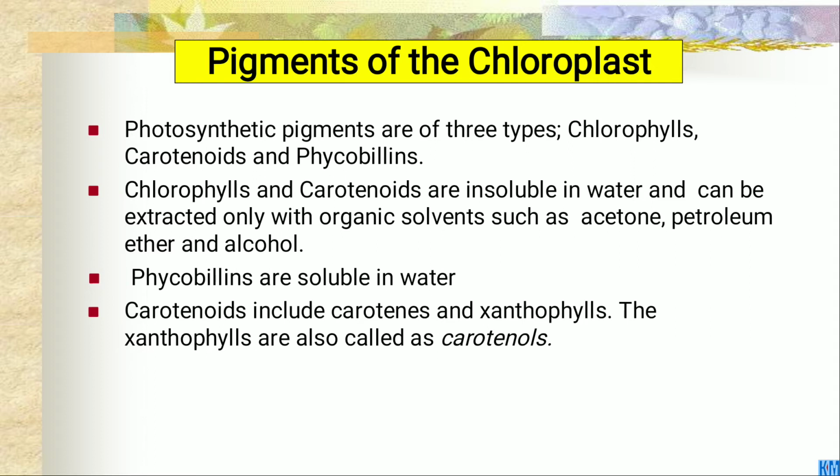Phycobilins are soluble in water. Only phycobilins are soluble in water, and chlorophylls and carotenoids are soluble in acetone, petroleum ether and alcohol. Carotenoids include the carotenes and xanthophylls. The xanthophylls are also called carotenols.